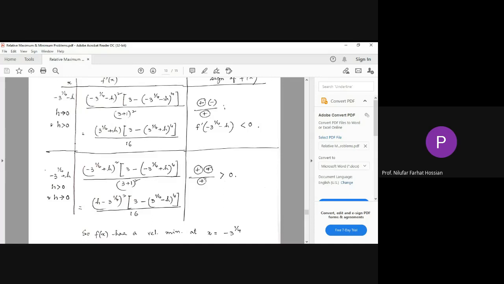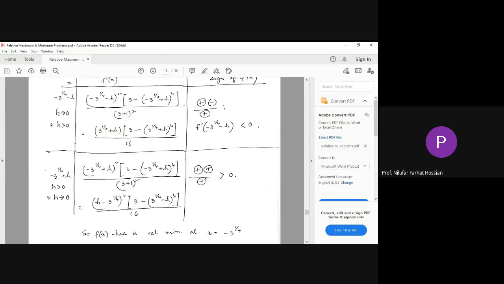Now what happens here? The whole power is positive, okay? And you are subtracting something from this minus 3 to the power 1 by 4. So this thing is less than 3. This will give you a number which is less than 3 because you are subtracting something positive from this number. So the second part will be positive.